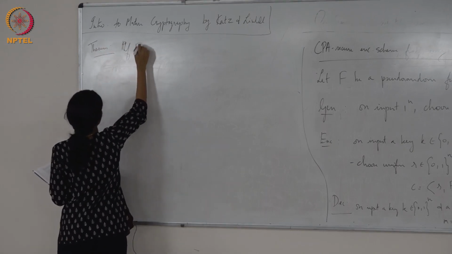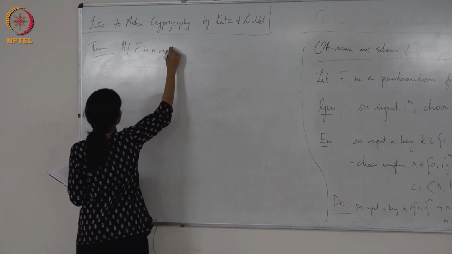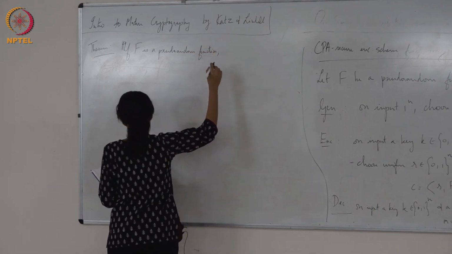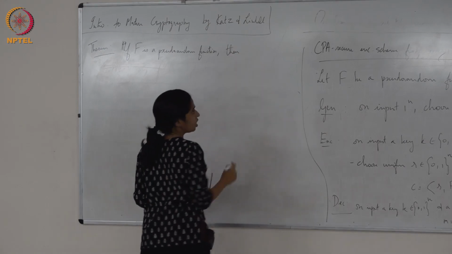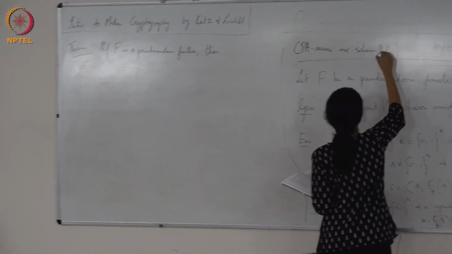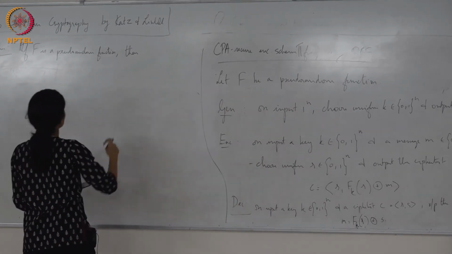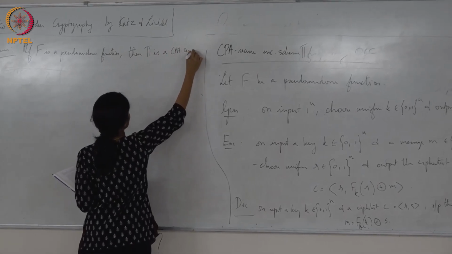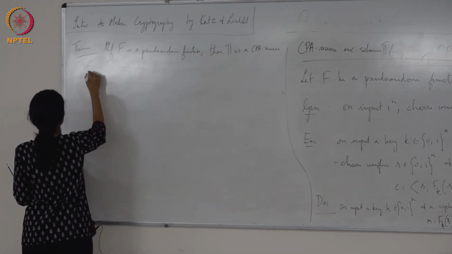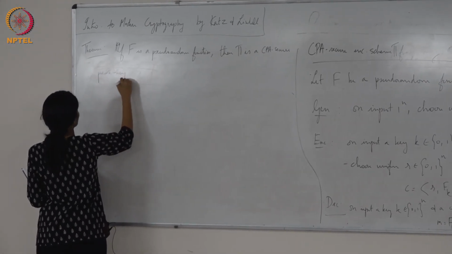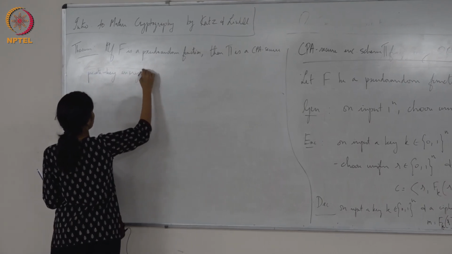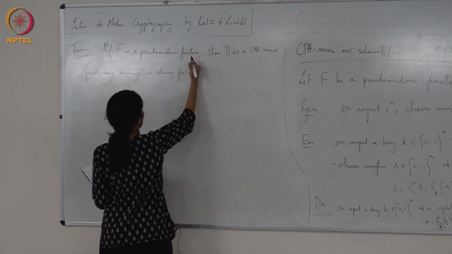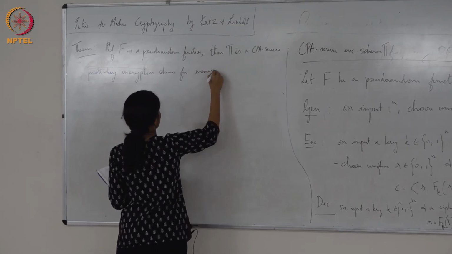If f is a pseudo-random function, then, let's call this construction pi, so I'm calling the specific construction pi, then pi is a CPA secure private key encryption scheme for messages of length n.